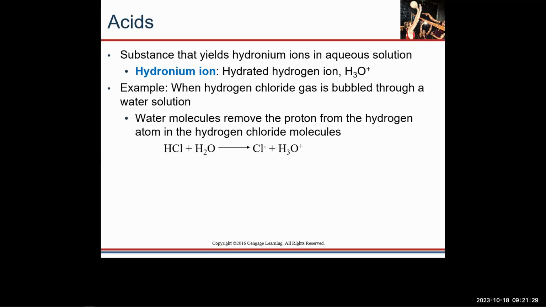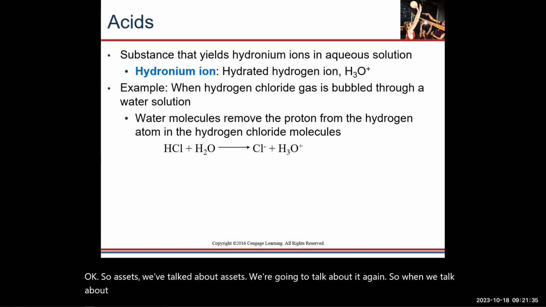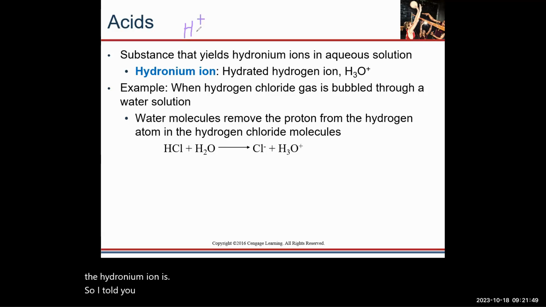Okay. So acids. We've talked about acids. We're going to talk about it again. When we talk about acids, we're basically going to be looking at the hydronium ion. Let me tell you what the hydronium ion is. I told you H plus is a proton donor.